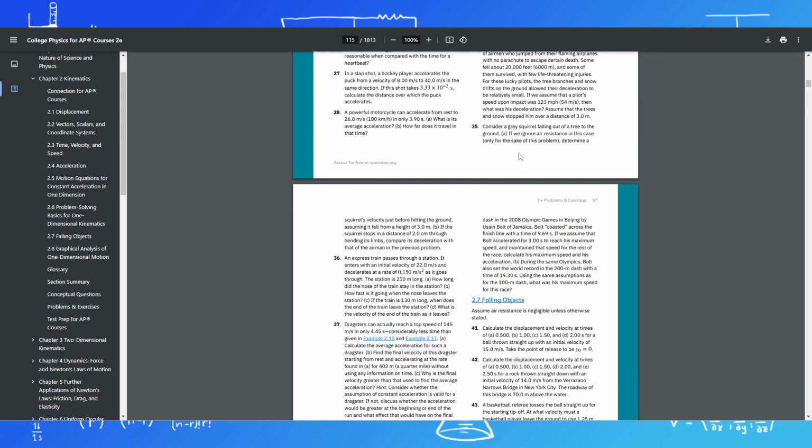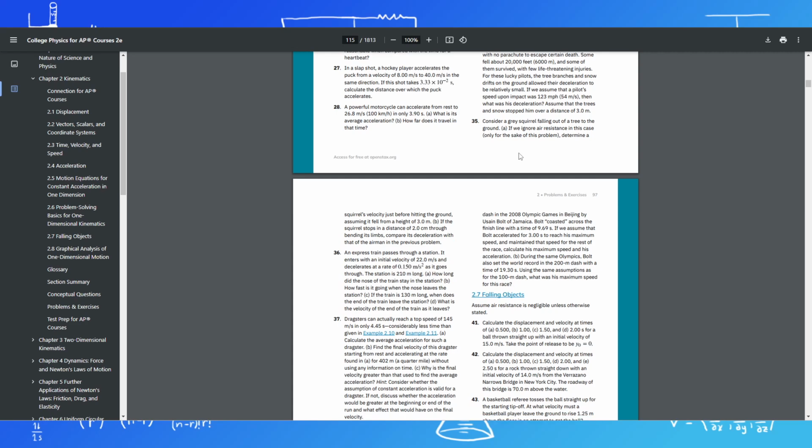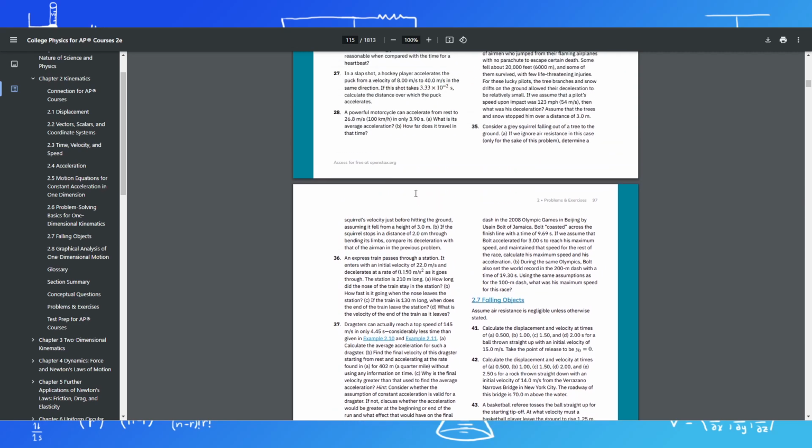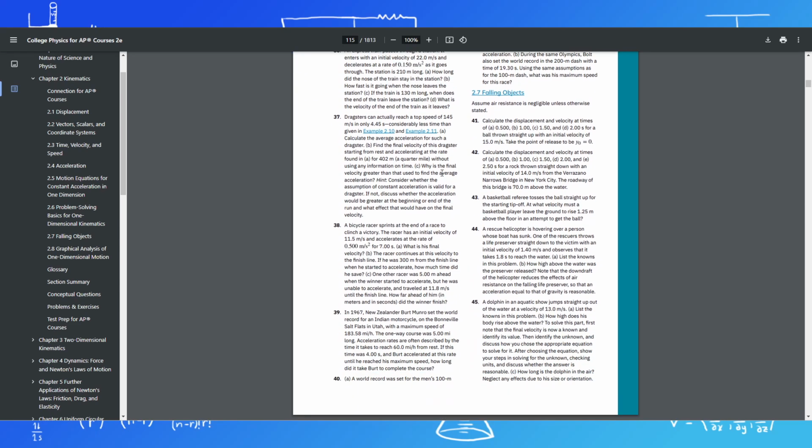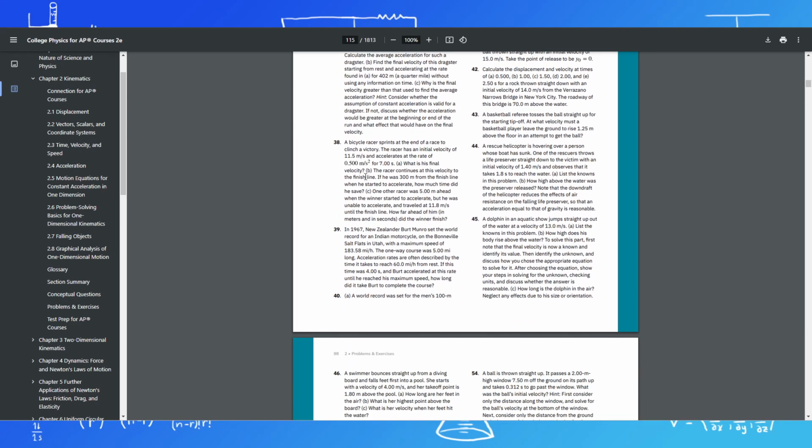No, no good there. Oh, we might have something here. Dragsters can actually reach a top speed of 145 meters per second in only 4.45 seconds. Considerably less time than given in previous examples earlier in the textbook. Calculate the average acceleration, and so on. Does not involve racing between two objects, so that's a no.